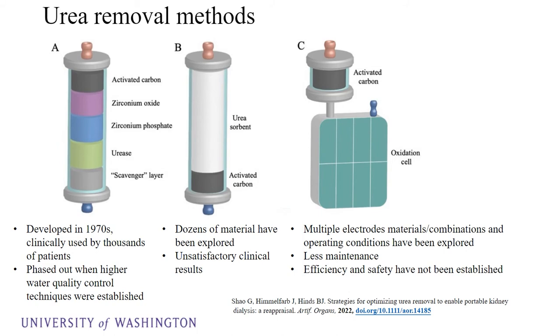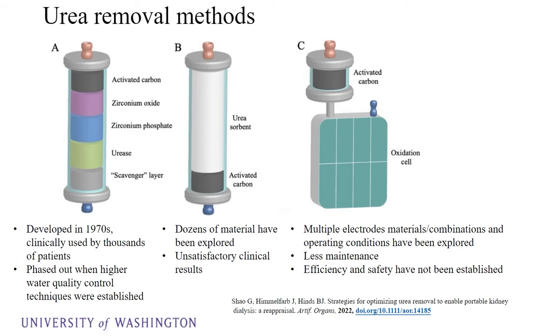For example, the REDY system developed in the 1970s is centered around the urease enzyme, which converts urea into ammonium ion and bicarbonate. Because ammonium is toxic, it requires the highly specific zirconium phosphate to remove ammonium ions, which removes other cations as well.